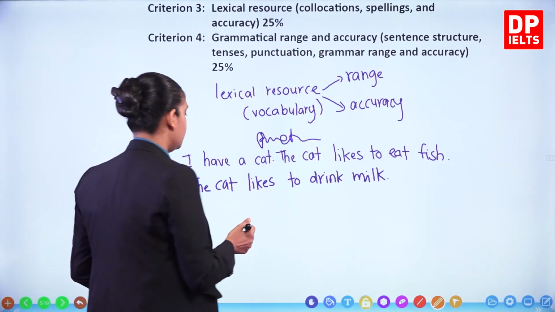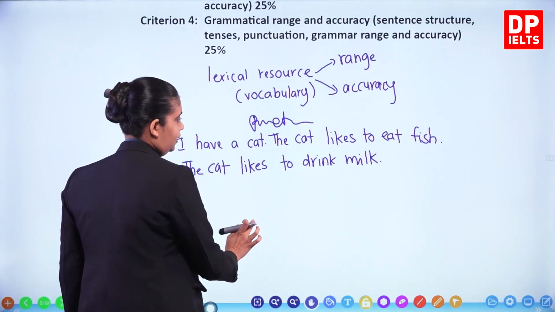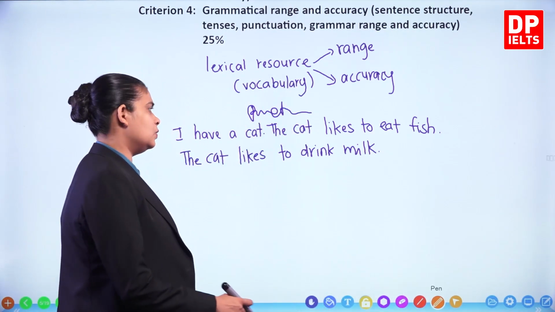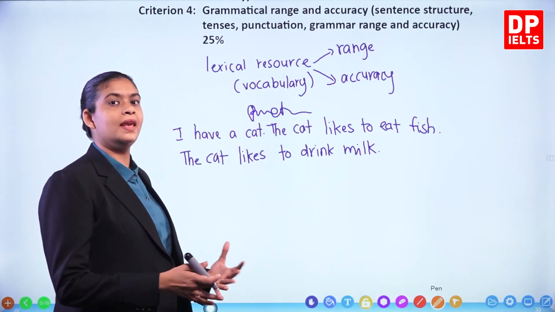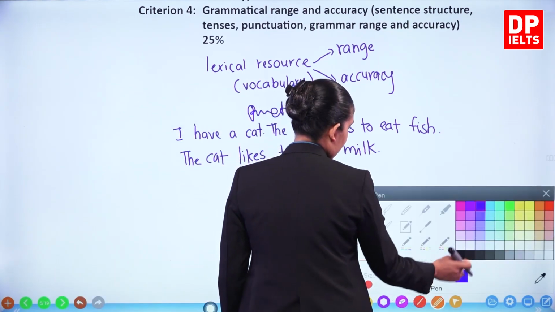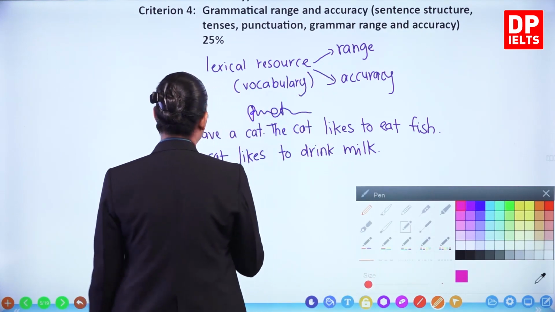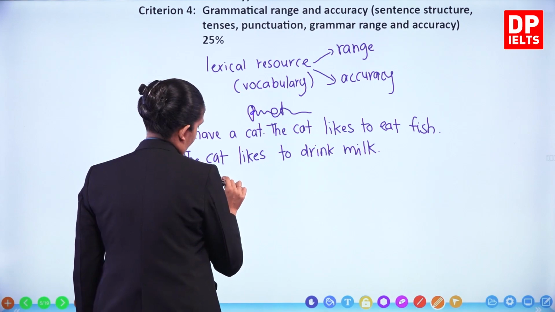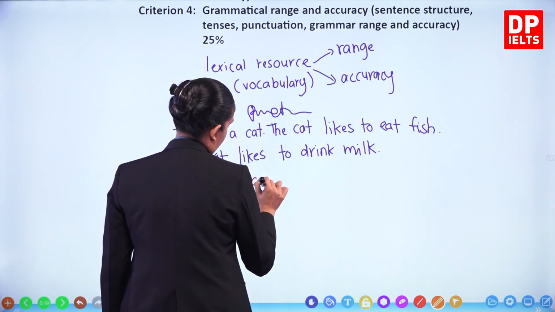But you can start making it a bit, not complex, I wouldn't say complex, but you could start working on it to make it a bit better. Example, let me write it in a different color. I have a cat.